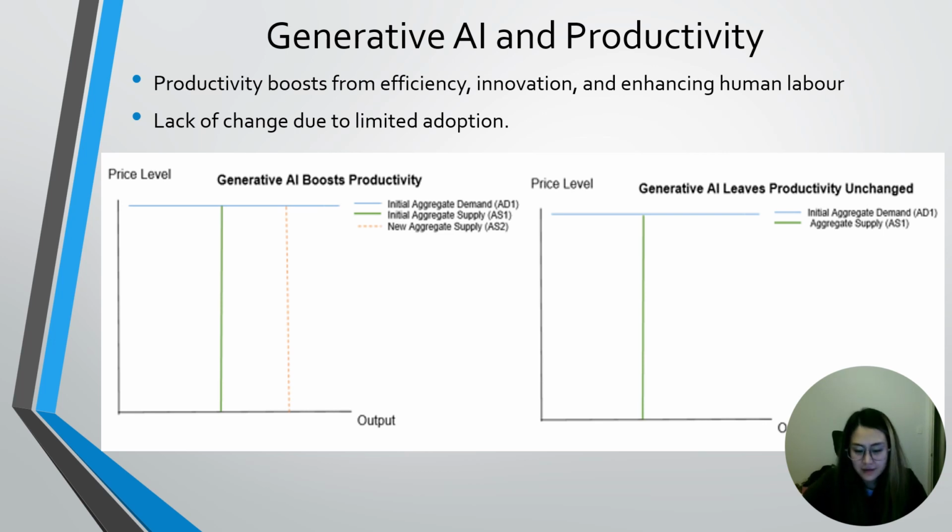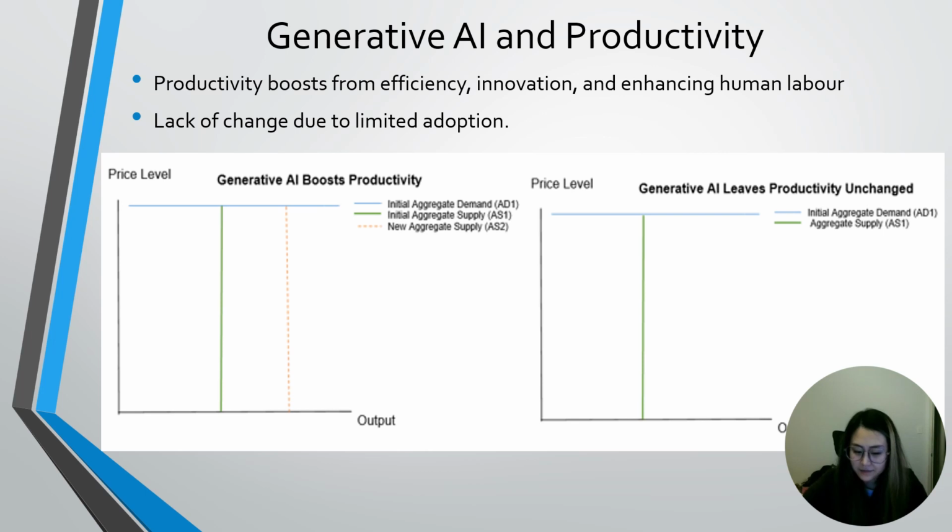In contrast, the second scenario illustrates a situation where generative AI leaves productivity largely unchanged. This could occur due to limited adoption of AI technologies, sector variance where productivity gains in some areas are offset by declines in others, or practical challenges in implementing AI effectively.